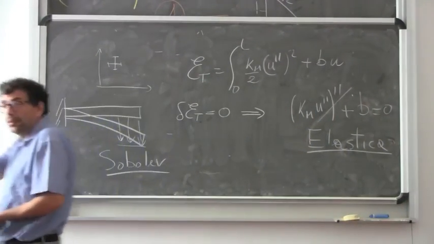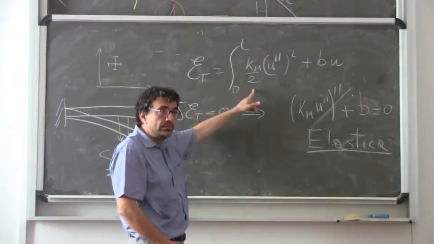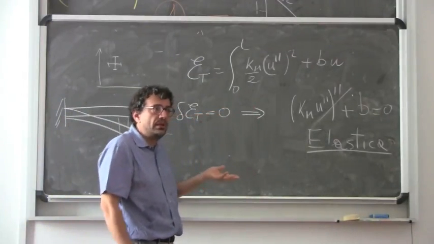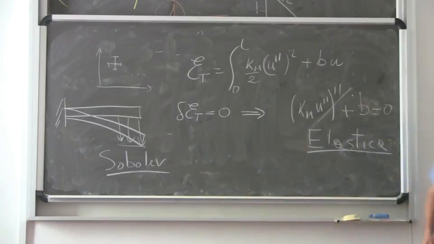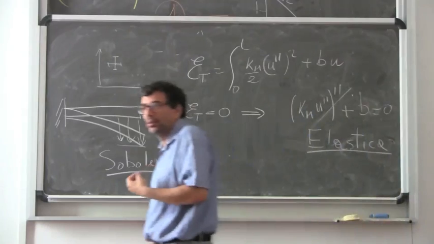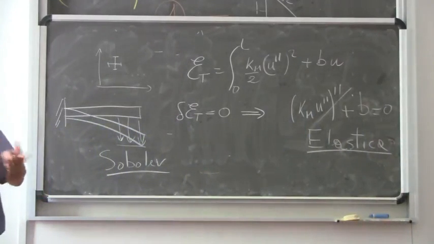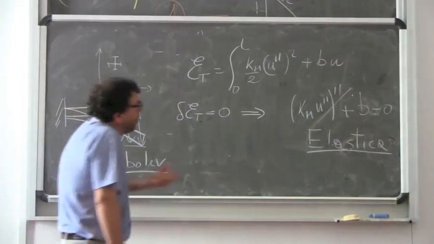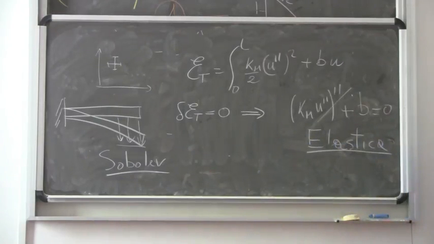So it could be that one minimum of these is not 4 times differentiable. This energy requires the existence of 2 derivatives. You can express this energy simply if u has 2 derivatives. You are not obliged to consider a situation where you have 4 derivatives.